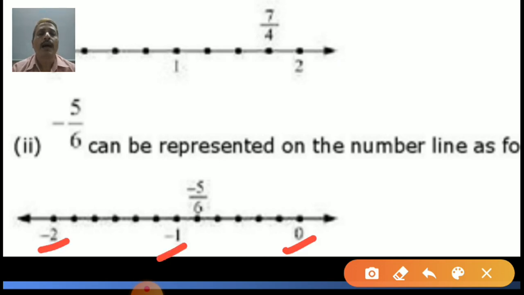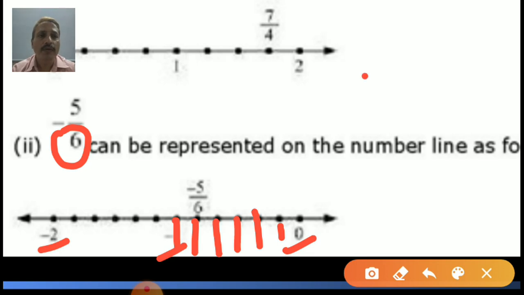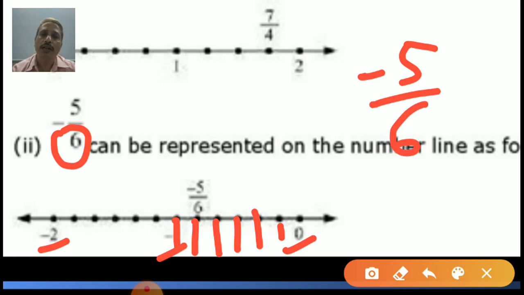Okay, how to find this answer? Very simple. Just count the denominator 6. So put the cuts: 1, 2, 3, 4, 5, 6. Is 5 by 6 a proper fraction or an improper fraction, students? Yes, this is a proper fraction because the numerator is smaller than the denominator. That's why there is no need to convert it into a mixed number.